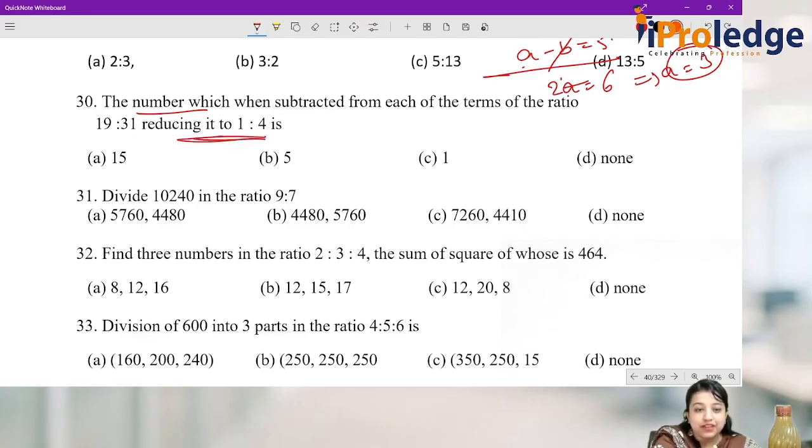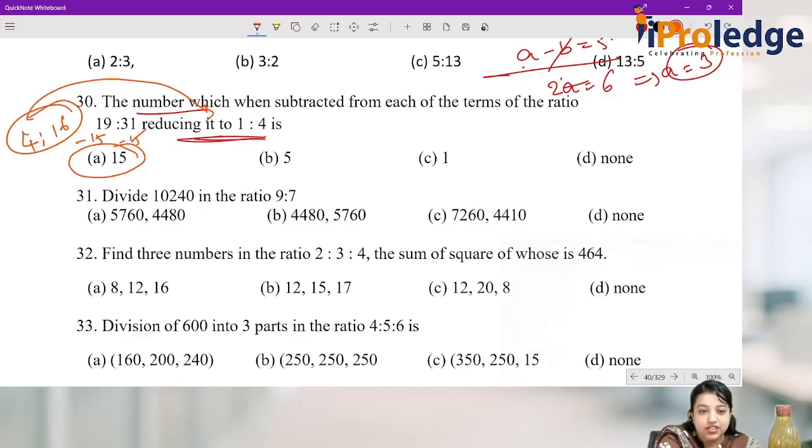Consider a number and subtract it from the given ratio; you will get a new ratio 1:4. So go with the option method. So subtract, and we get 4:16. So 4:16 when it is reduced you get 1:4. So it is 15.